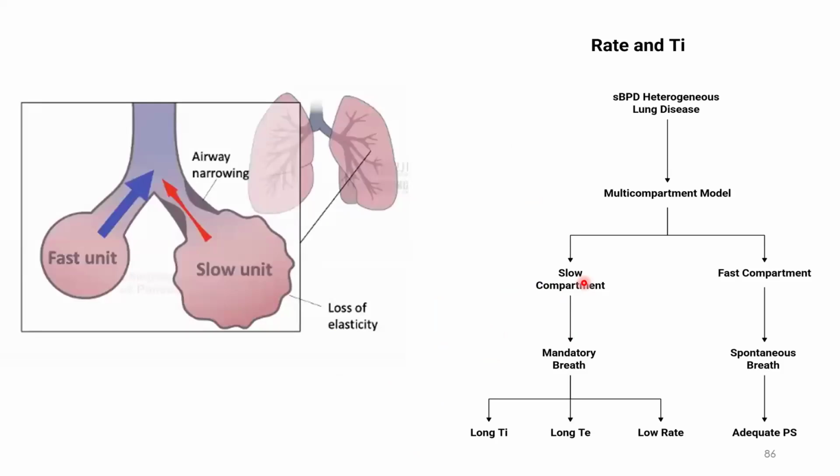Now, coming to how we can decide the rate and inspiratory time in case of severe BPD. As I already discussed, severe BPD is basically described as a two compartment model, but in reality it's a multi-compartment model. There are lots of alveoli that behave differently. For the two extreme units, we can use this two compartment model.